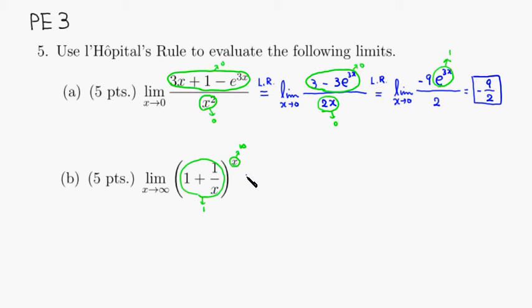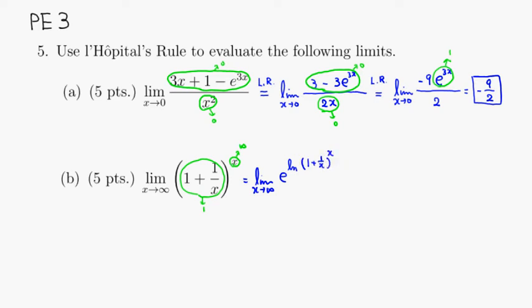So the trick is this: we take the limit as x approaches infinity, and we do the e to the natural log trick. Because the exponential function and the natural log function are inverses of each other, they essentially cancel out. So you have 1 plus 1 over x raised to the x power.